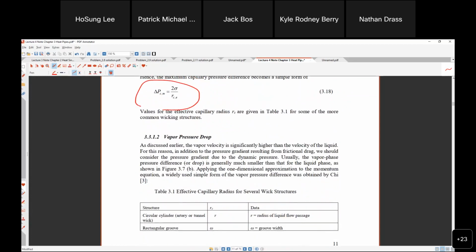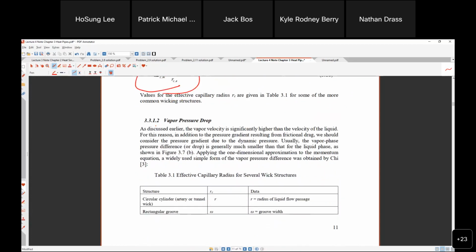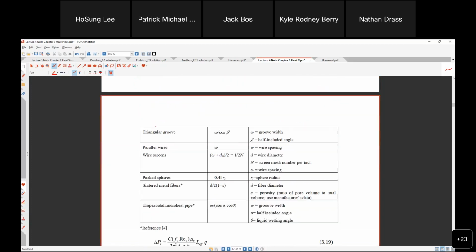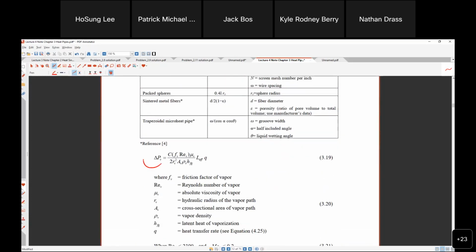Then we have a study of vapor. It's small, so mostly they neglect it, but I'd like you to look at it using this. Calculate the pressure drop at the vapor side. So friction factor, R over E is the Reynolds number of vapor.